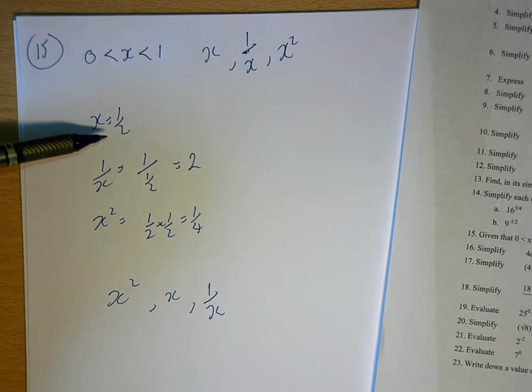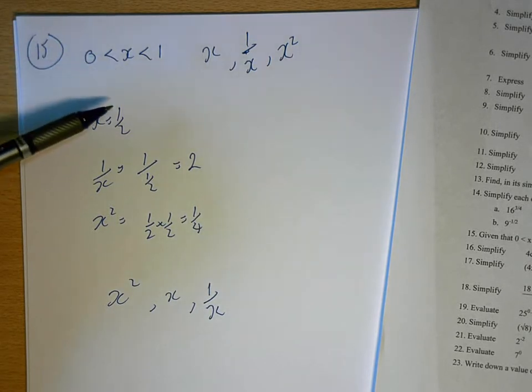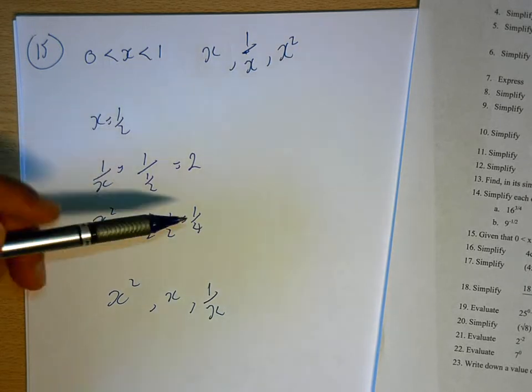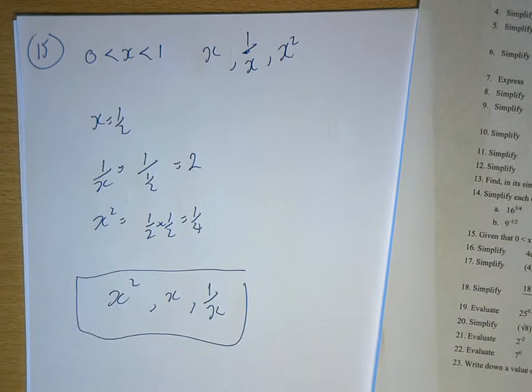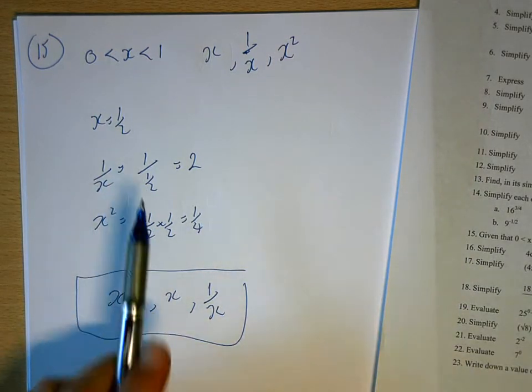If you're working between 0 and 1, then the simplest value is going to be a half, and then work out what happens to the 3 expressions, then put it in order. So there's your order going up from the smallest, which is x squared, to the largest, which is 1 over x. And that will only be the case between 0 and 1. If it was a value of x bigger than 1, then that order would work out differently.